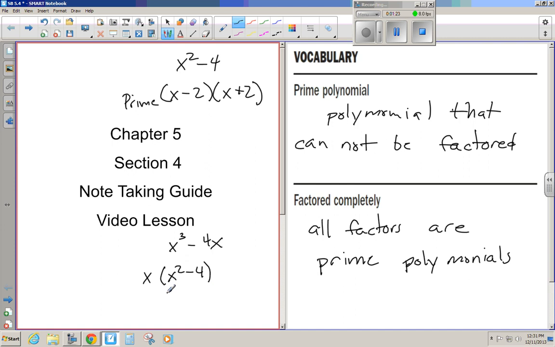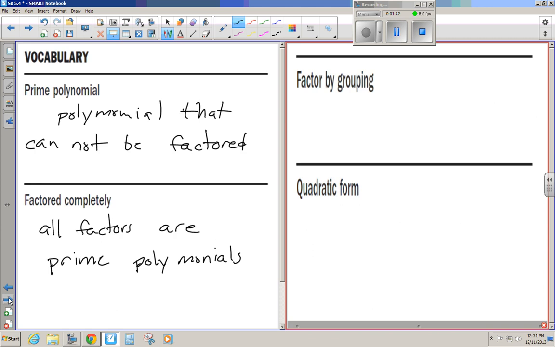But this is not factored completely. You have to factor the entire way so that you can't factor any of these terms any further. These each are prime polynomials, and you know then that it's factored completely.